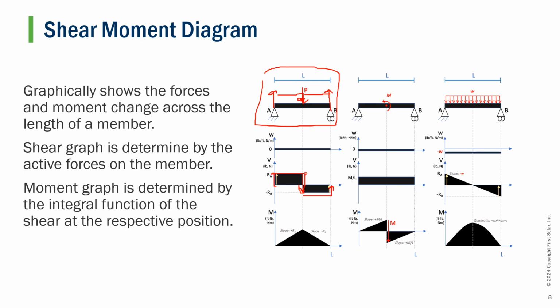And our moment diagrams can be derived by taking the integral of the function seen here in our shear diagram. So here we say this is 1 Newton. Our integral of 1 Newton would just be 1x Newton, or just x Newton. And our beginning and end of our integrals would be the distances it travels.